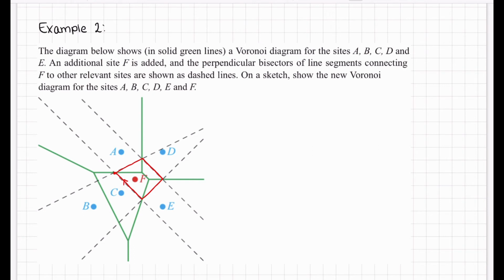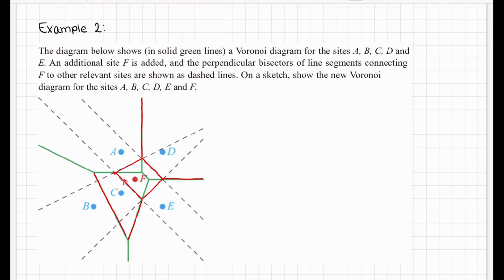But now we need to fill in the rest of the diagram. If we look between A and D here, the perpendicular bisector between A and D, so we'll have that one joined there. And what we'll find is that D and E, we're going to have to carry that one on there. Between C and E would be this one.